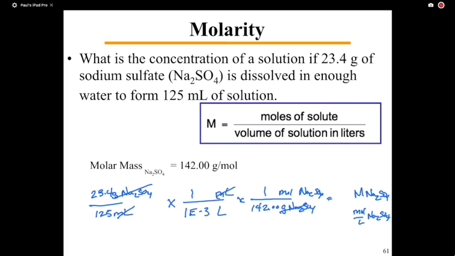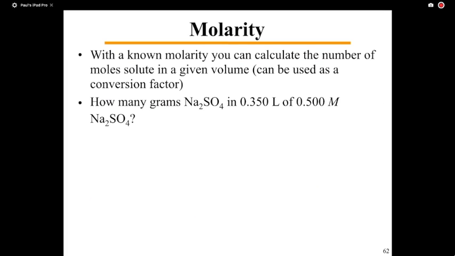And so we can solve something that simple. But molarity calculations can be one of two types, just a conversion. This one is a conversion. This one is also going to be a conversion. With a known molarity, you can calculate the number of moles of solute in a given volume.